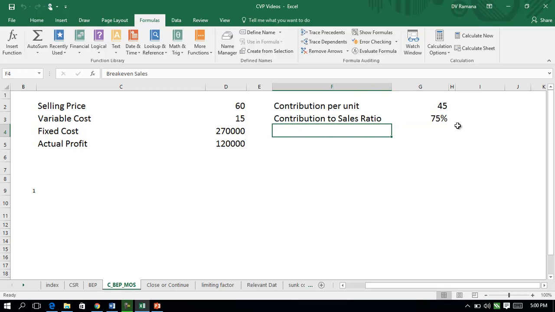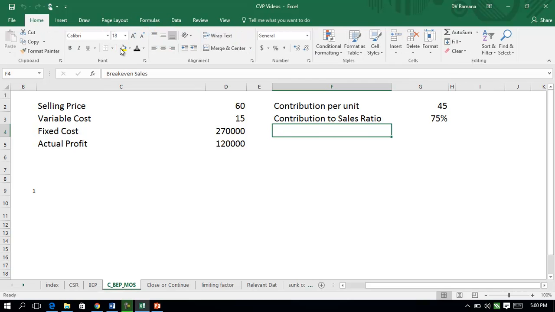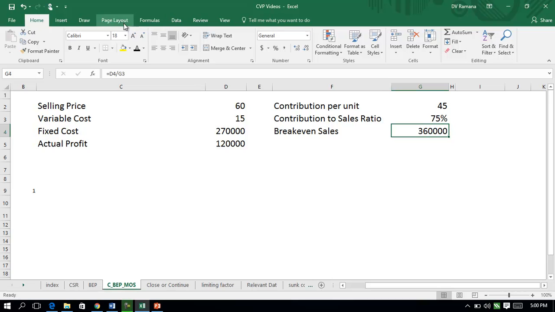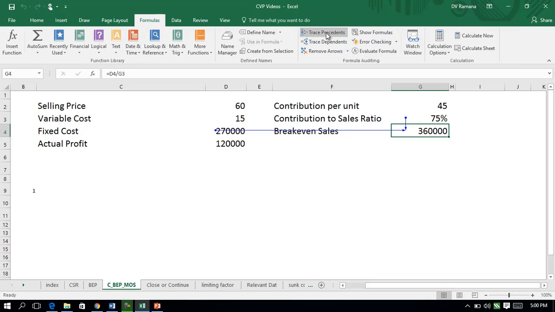Now with this information we can find the break-even sales, and the break-even sales is equal to fixed cost by contribution to sales ratio or by contribution margin.